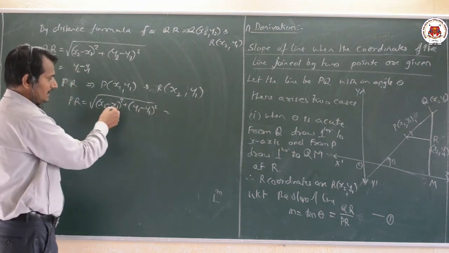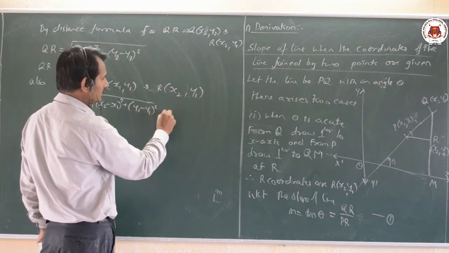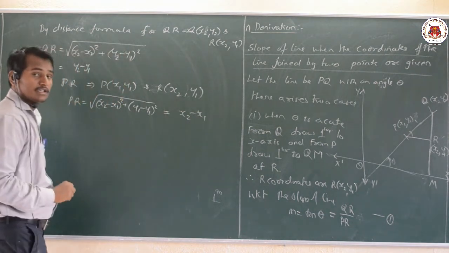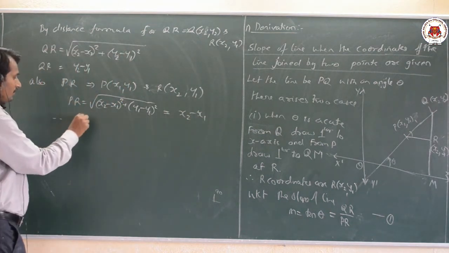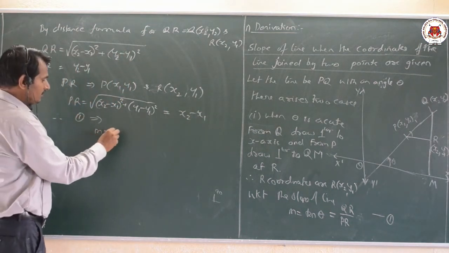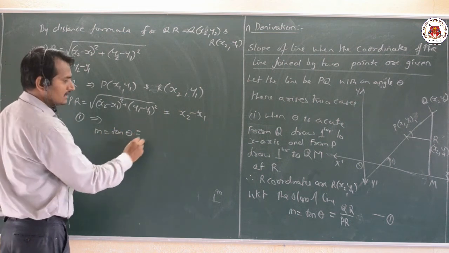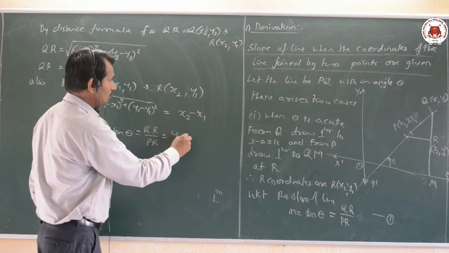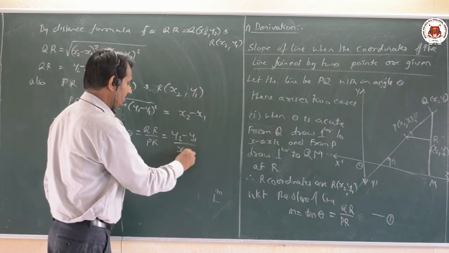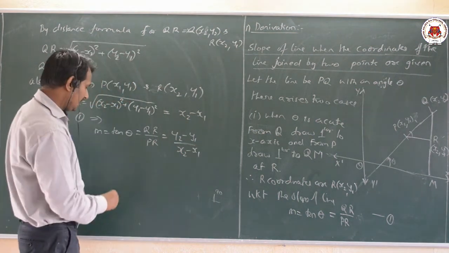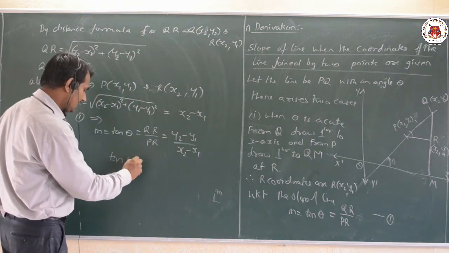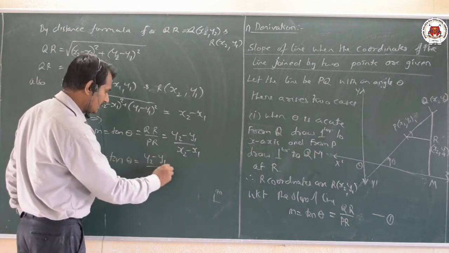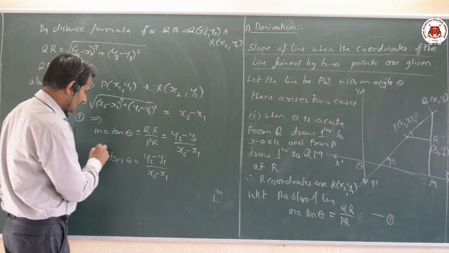Here it is 0, and the root gets eliminated. The remaining part is x2 minus x1. Therefore, equation 1 becomes m is equal to tan theta is equal to QR divided by PR, which is y2 minus y1 divided by x2 minus x1, and that is nothing but our formula: slope m is equal to tan theta is equal to y2 minus y1 divided by x2 minus x1.